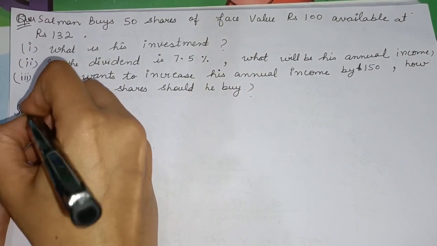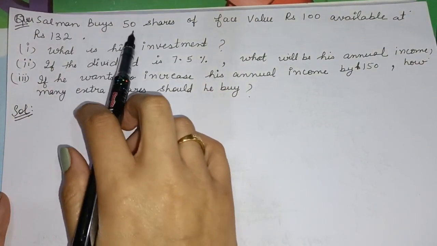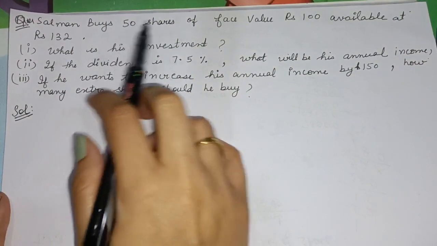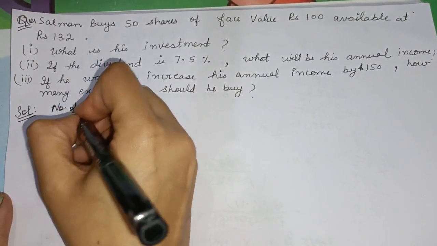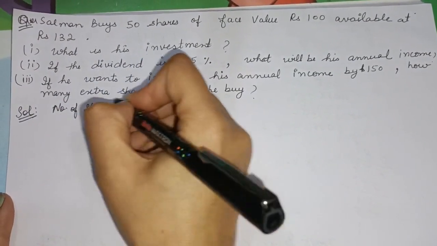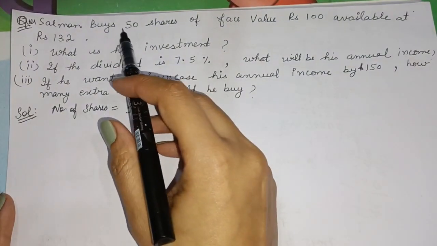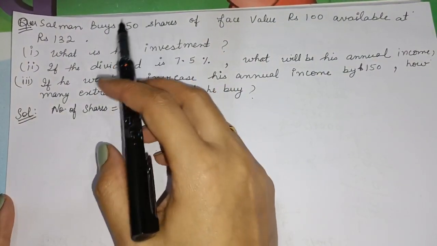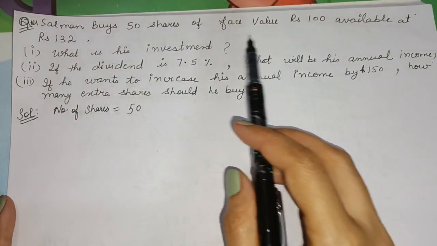So let's write the given things. First of all, Salman buys 50 shares. So how many shares are bought? Number of shares is given to us, 50. See, no rupees, nothing. So a simple number means it is always the number of shares.